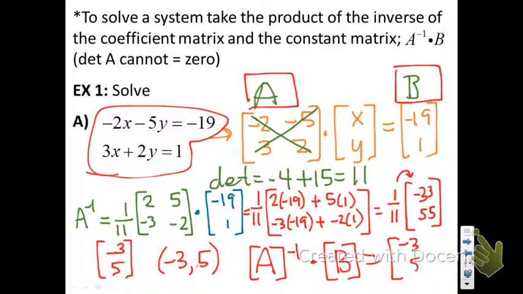Negative 3, 5. So if you have a calculator at home, I would advise you to do it that way. If not, I guess you can do it by hand.